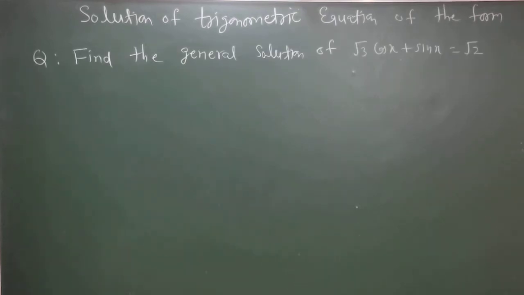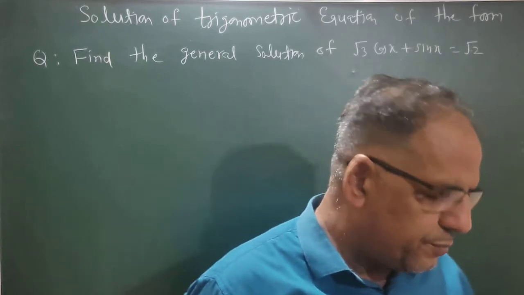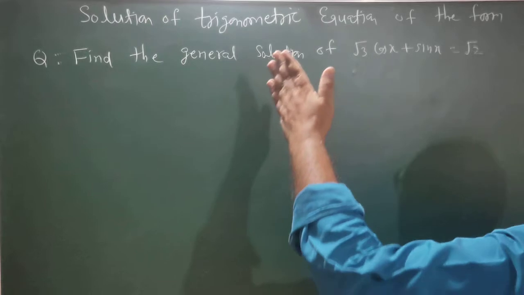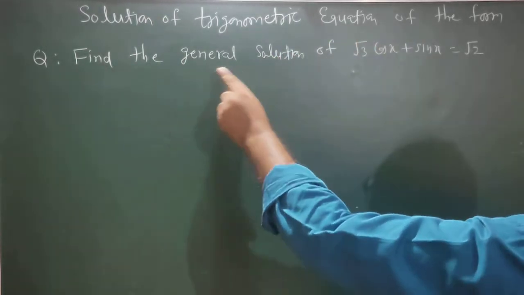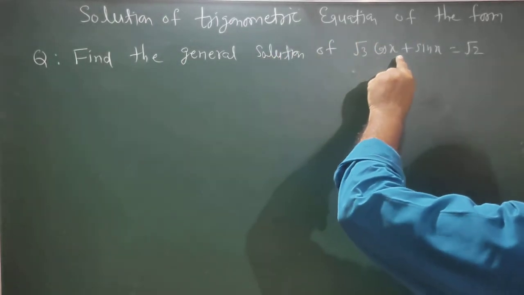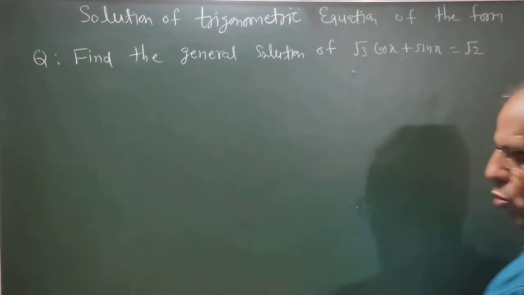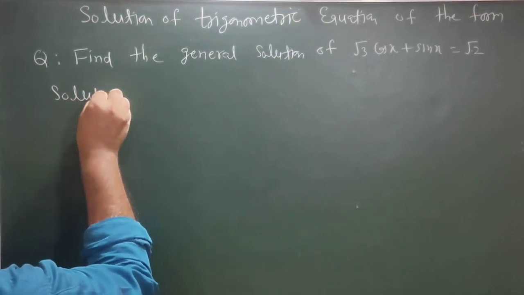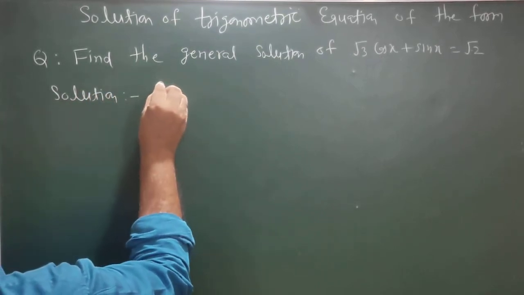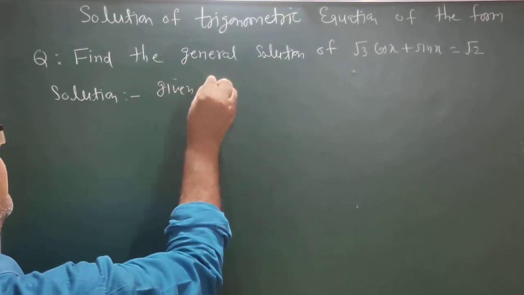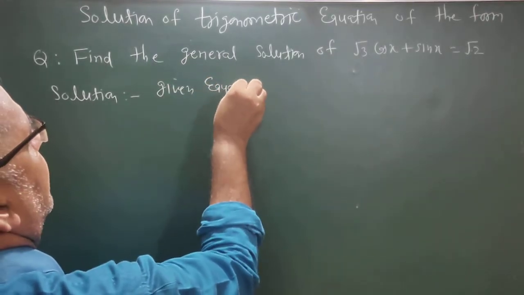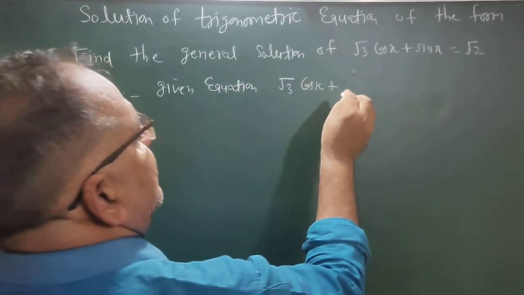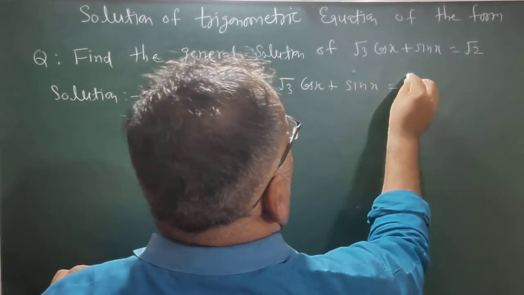Now I am taking one question based on the trigonometric equation of the form a cos theta plus b sin theta equal to c. So find the general solution of the equation under root 3 cos x plus sin x equal to under root 2. So now, the given equation is under root 3 cos x plus sin x equal to under root 2.